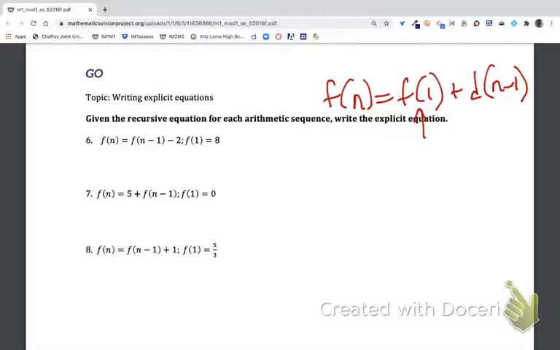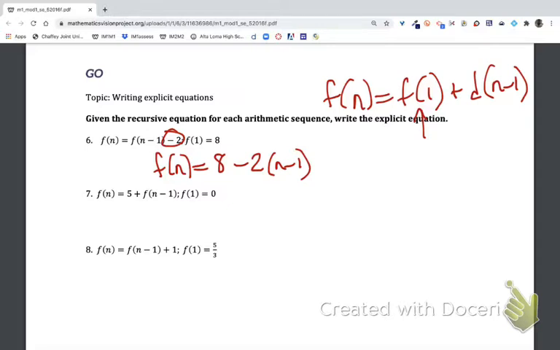Okay. Here we go. For number 6, f of n equals, our first term is 8, our common difference is minus 2, which is right there, and you're done. That's it.